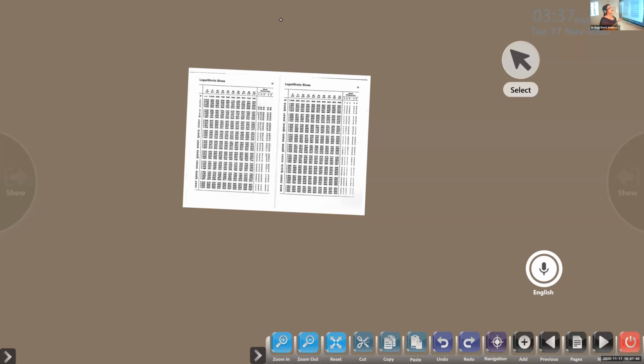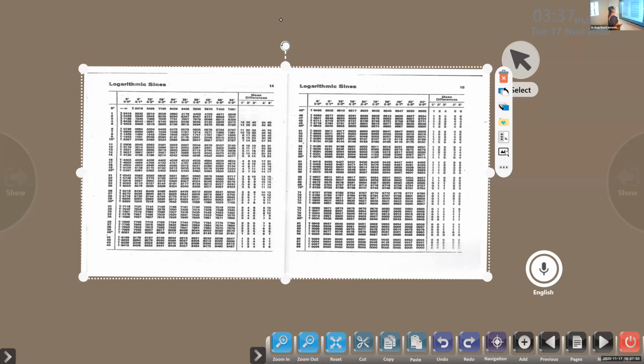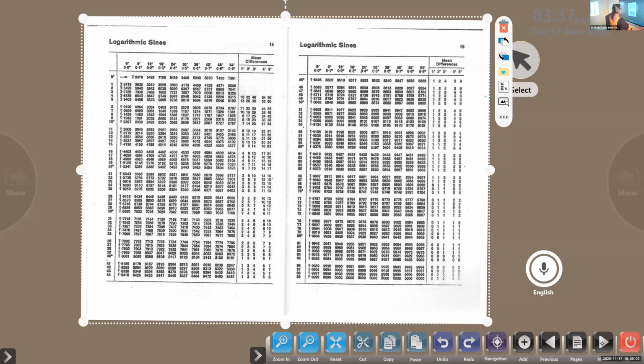So this is the sheet, logarithmic sines. This tells you sine inverse. Suppose you are getting an answer around, just say, 0.84 or something like that. Let us go. Is there any other option there? I'll come back to that. At least I show you other features. I'll show you, then I come back to that.